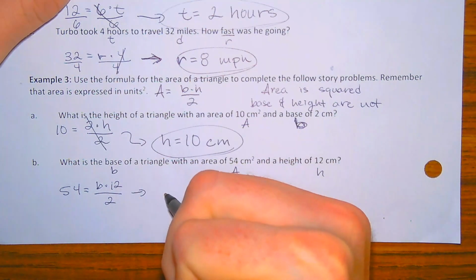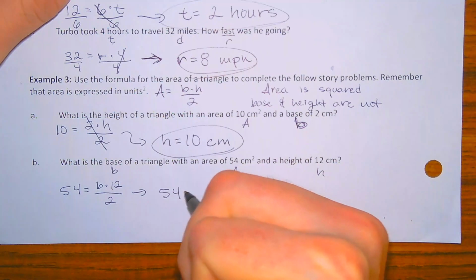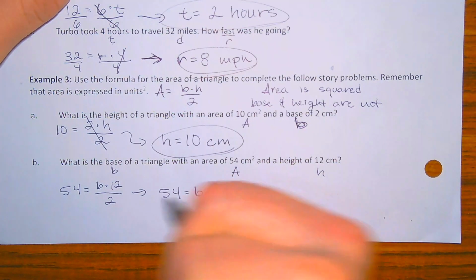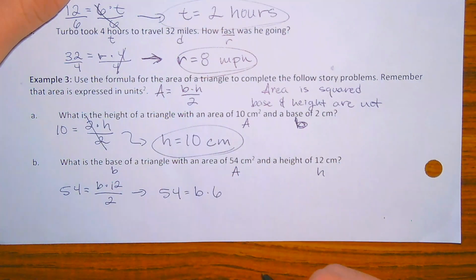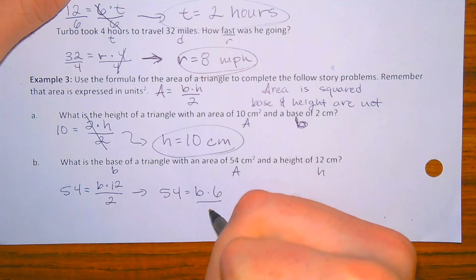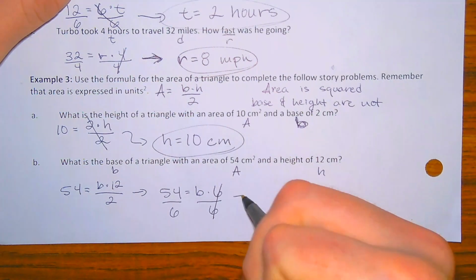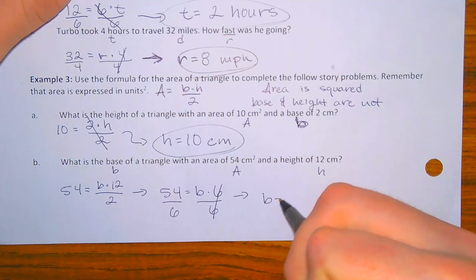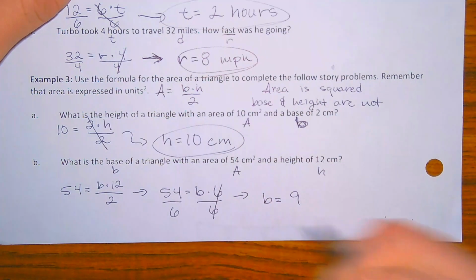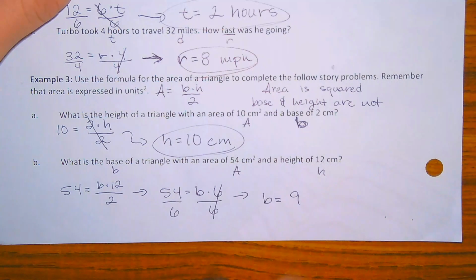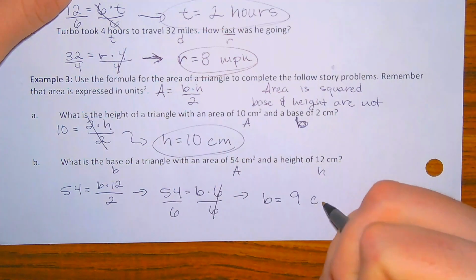That's going to be 54 equaling B times 6. Our next step is going to be dividing away that 6 from both sides of our equation. Our 6's cancel, and that should leave us with B equal to 54 divided by 6, which is 9. And remember, it's base we're looking for, so it's centimeters.